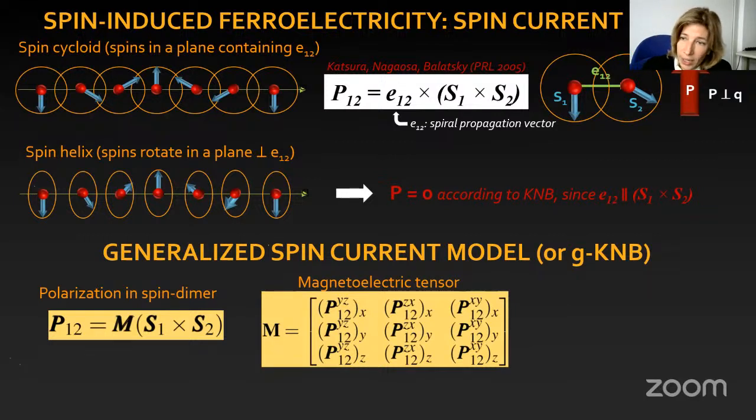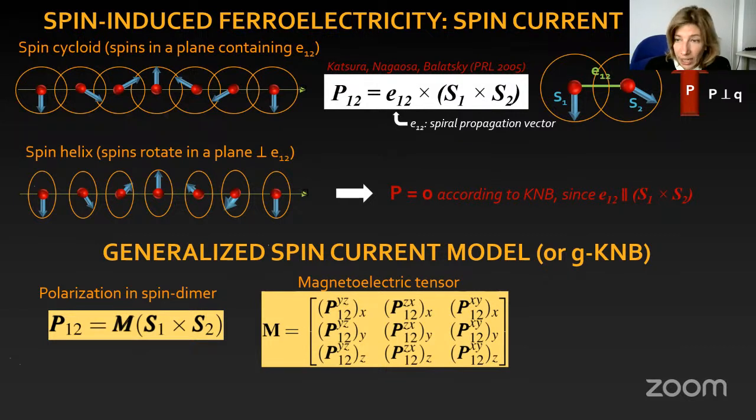However, again, this is a model and in principle could not hold for all materials. So one can calculate by density functional theory a generalization of the KNB model, in which I try to couple the polarization to the cross product of two non-collinear spins by a 3x3 object I call a magnetoelectric tensor.